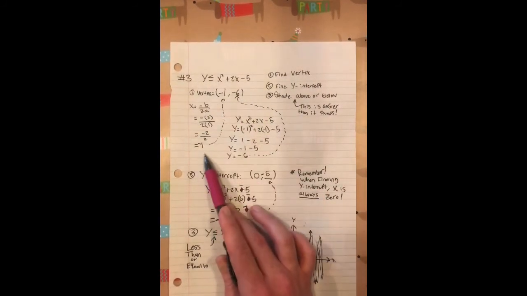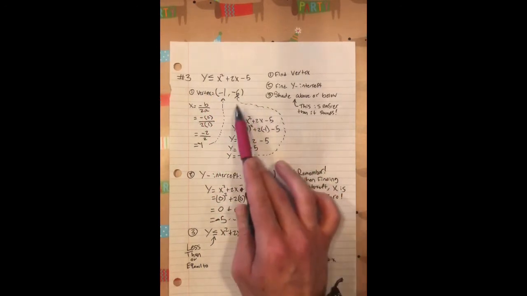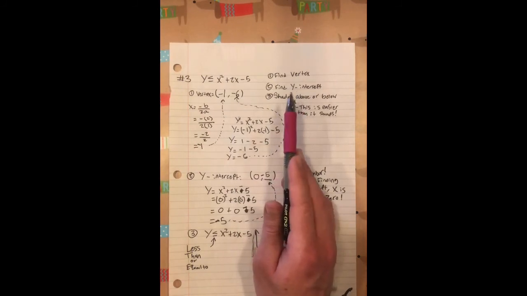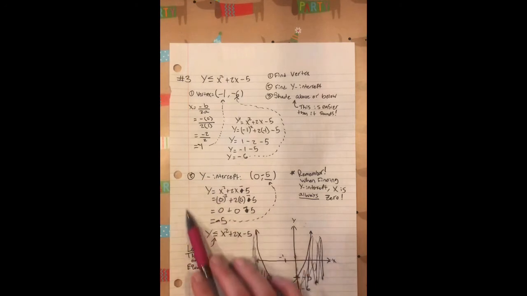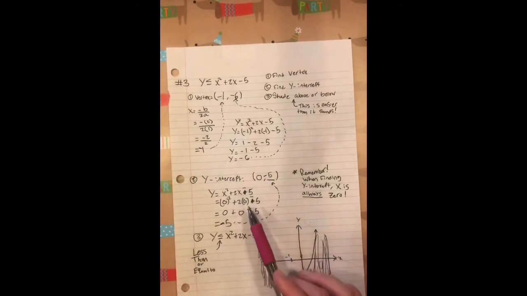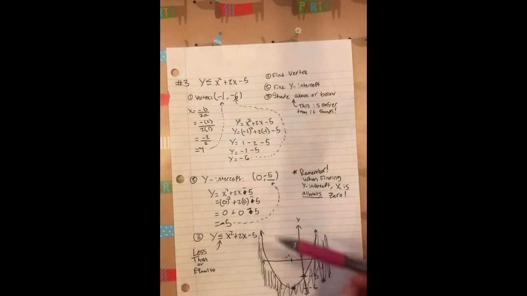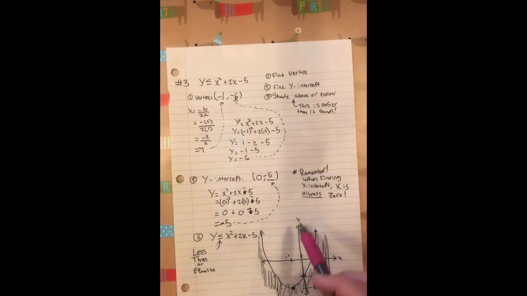Once you find the x value, you plug it in and solve for your y, and you have your vertex. So you know where the bottom or the top of your parabola is. From there, you use what you know of y-intercepts, plugging in 0 for x, being very careful to write your problem the correct way, and solve for your y-intercept. From there, you should know where your parabola is going to start and cross the y-axis.